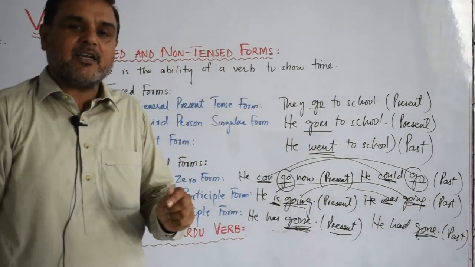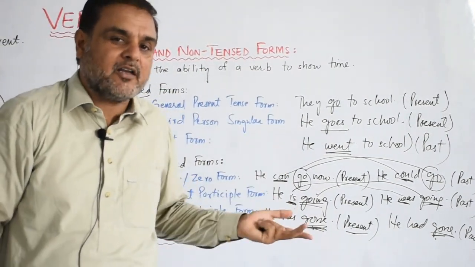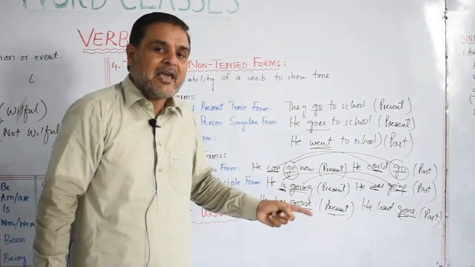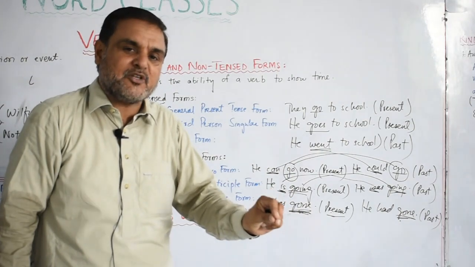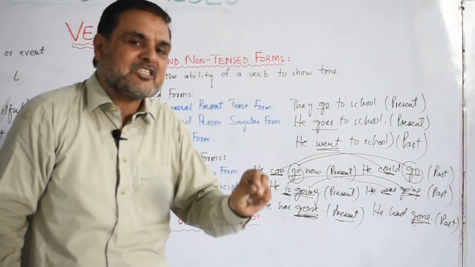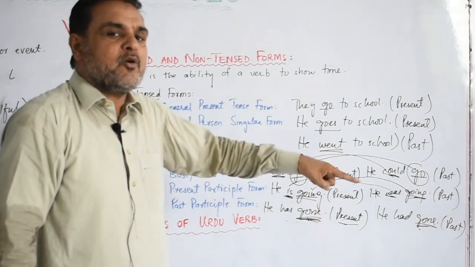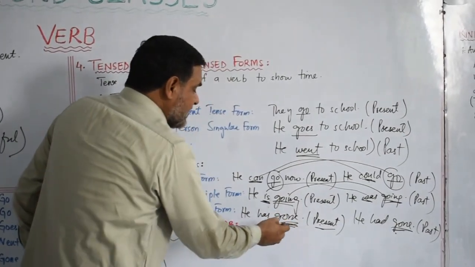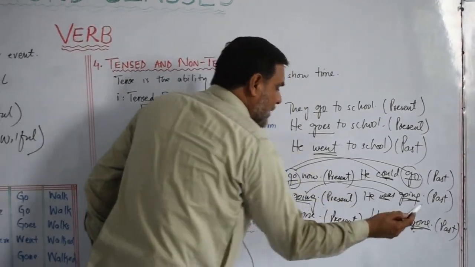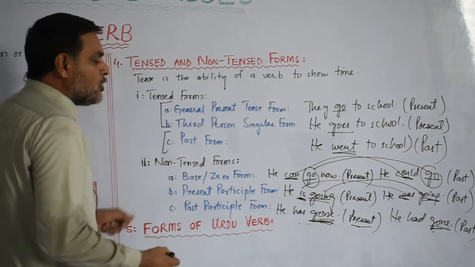So it means that past participle form of the verb, in this case gone, does not show time. Why? Because in these two examples, the same past participle form of the verb has been used, but the time in both the sentences is different. So what is the reason? The reason is that gone, past participle form of the verb, does not show time. That's why it is called non-tensed form.